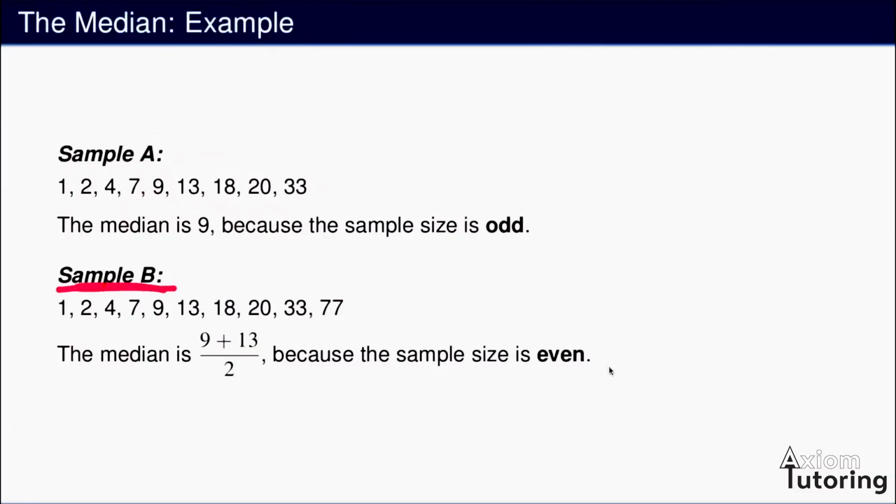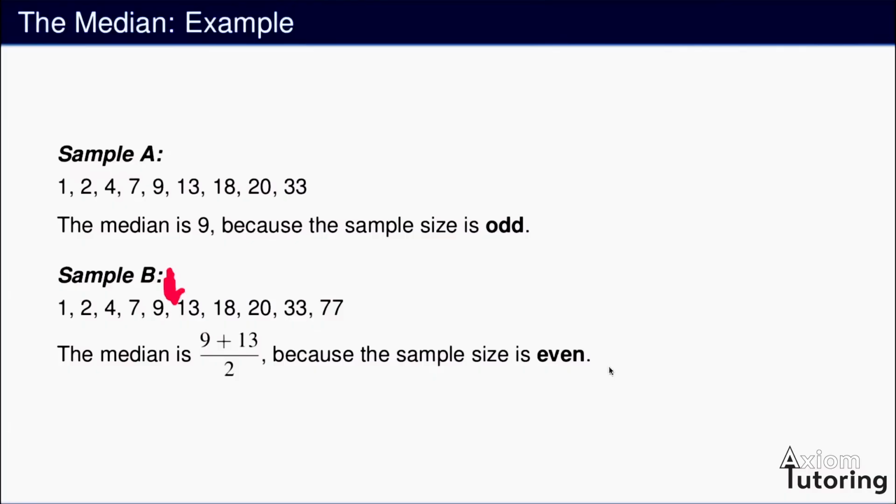Now, in sample B, again everything is ordered from smallest to largest, but now the sample size is even. I have just added 77 at the end. When that's the case, there's not a single observation right in the middle.